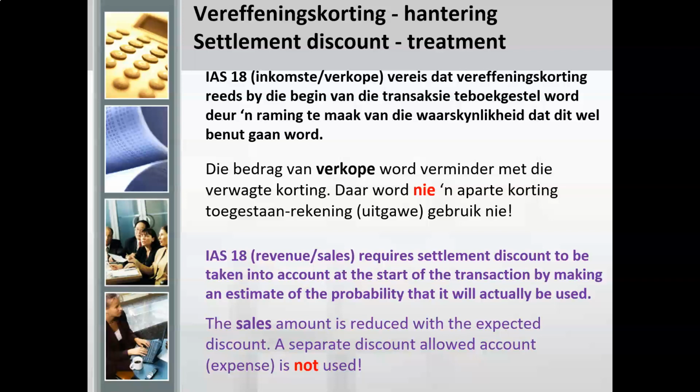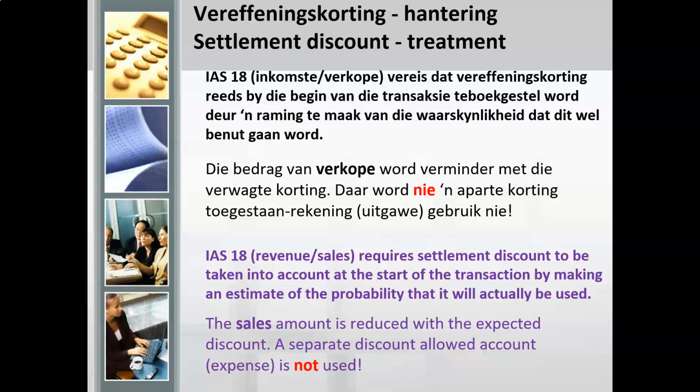Now, if they want us to record the settlement discount up front, and let's say this guy is going to settle his account within 10 days, he can get a 5% settlement discount. Then, when the sales transaction takes place, we're still going to debit debtors with the invoice amount, i.e. 10,000 Rand.